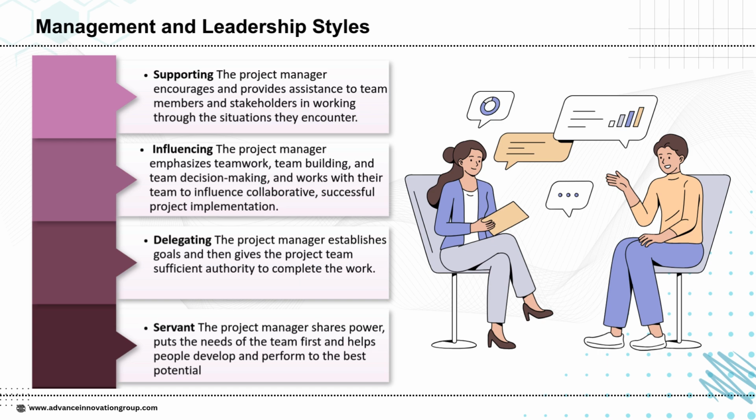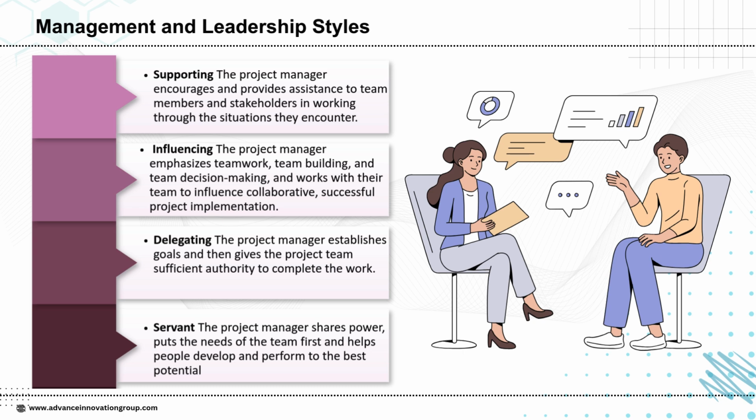The project manager shares power, supports personal and professional growth, and creates an environment where the team can perform at their highest potential. Finally, the influencing style focuses on collaboration and team decision-making. The project manager works closely with the team, emphasizing teamwork, relationship building, and influencing successful project outcomes through collective effort.